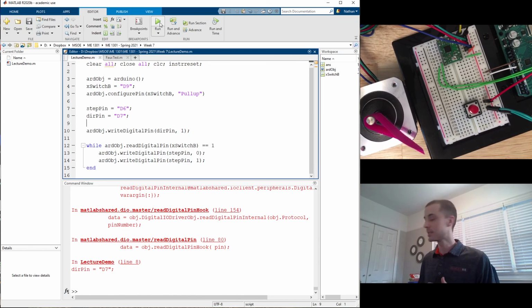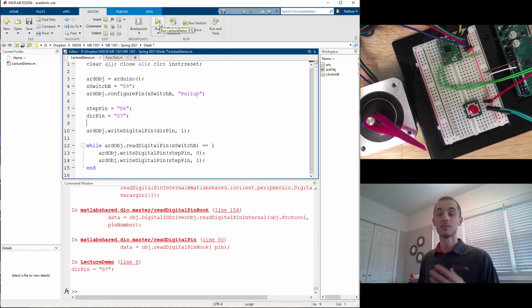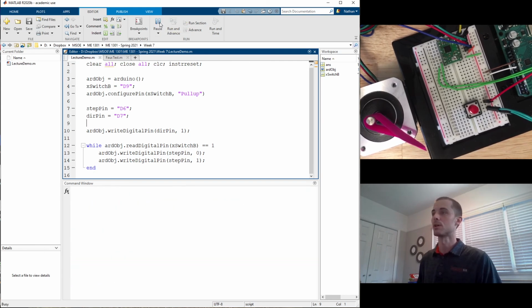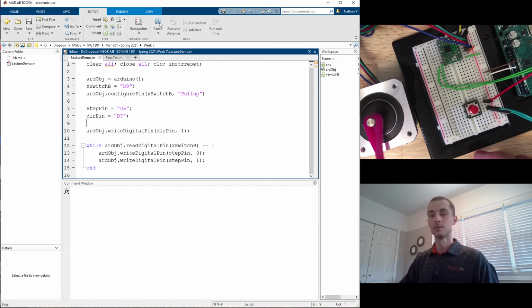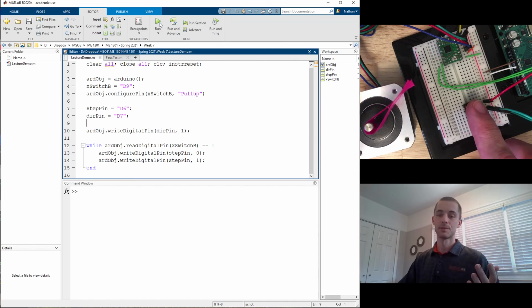And we should see, let me turn on the power supply. We should see the motor spin until I push that button. So let's run it. So we're seeing movement, and then as soon as it swings back around, I'll push it, and I pushed it, and it stopped. Right?